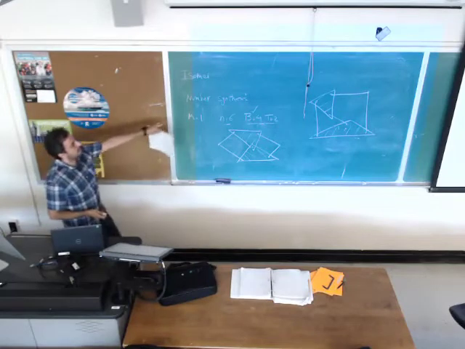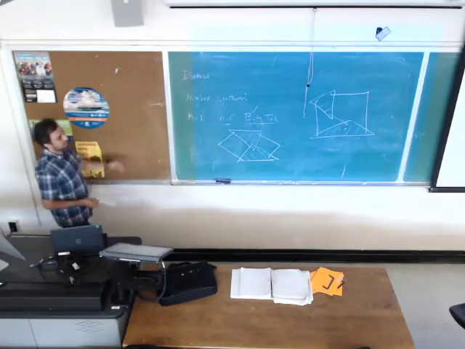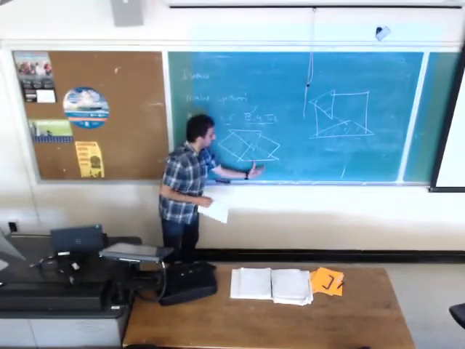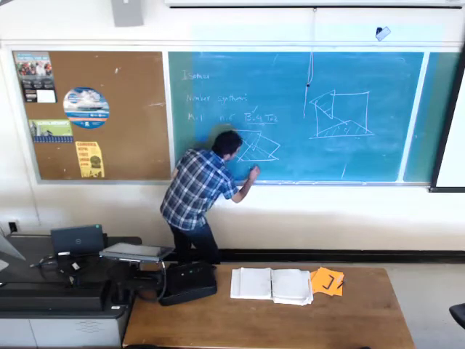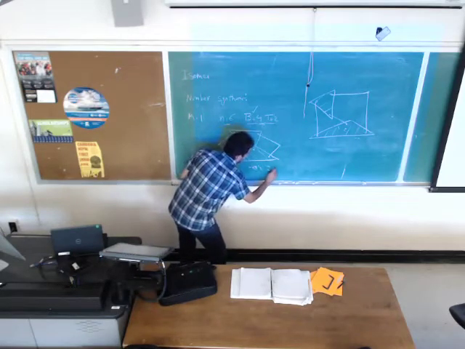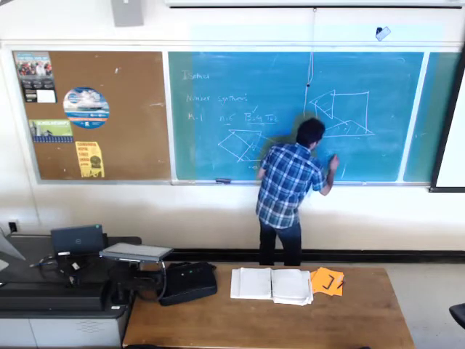So we call them 2 isomers of the kinematic chain. This one is one isomer, and this one is different.